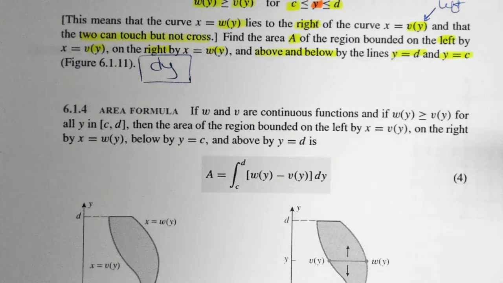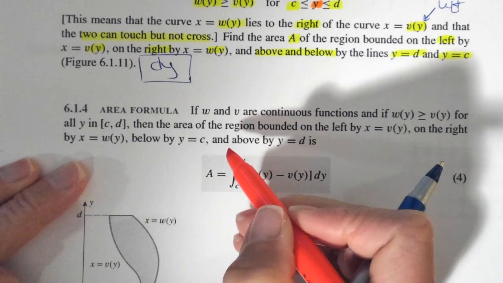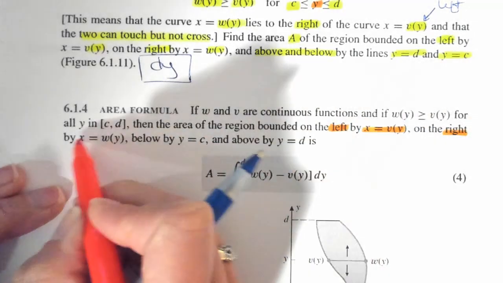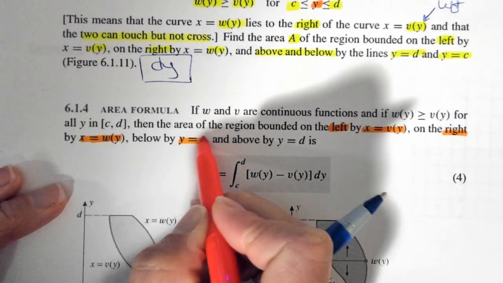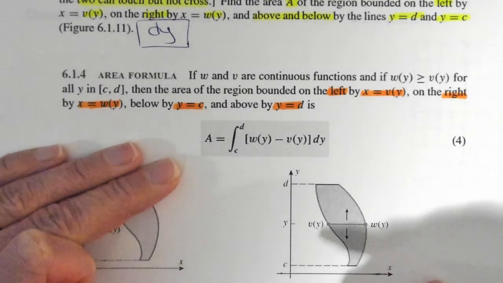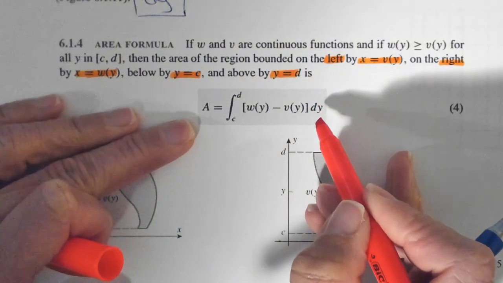So here's our area formula. We have our area bounded on the left by this one function and bounded on the right by our other function, below by this line and above by this line. So the area formula looks very similar. The only difference now is we have dy here.